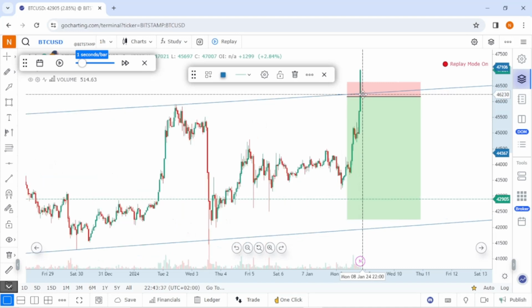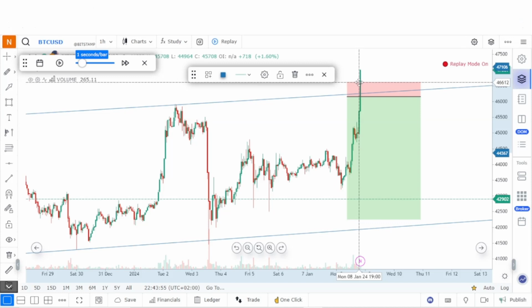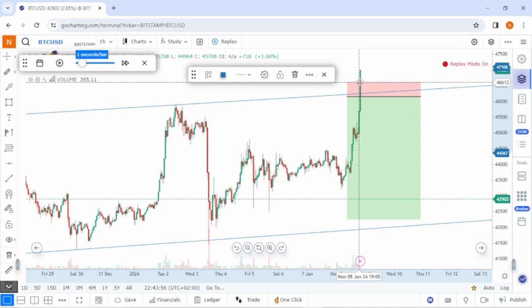But look at what happens now. It breaks above, but that does not mean that it's gonna buy. It breaks above so that people that do not have the patience to wait for the right setup get kicked out first, because they would not have waited for this candle to close.